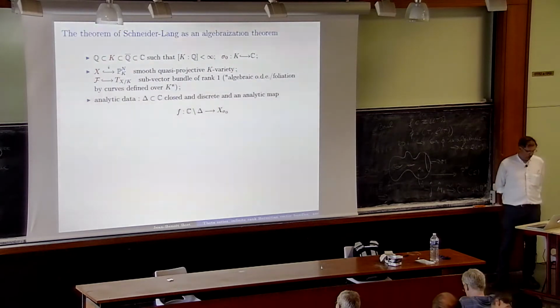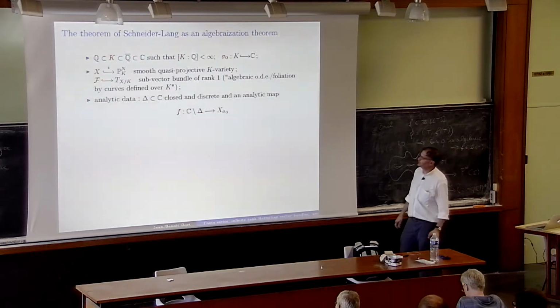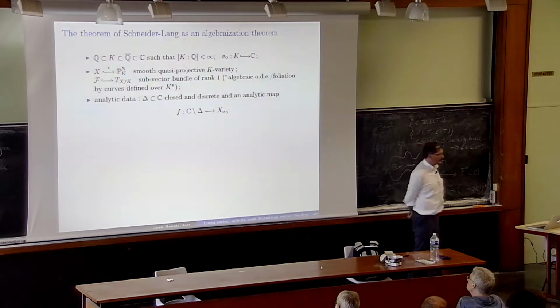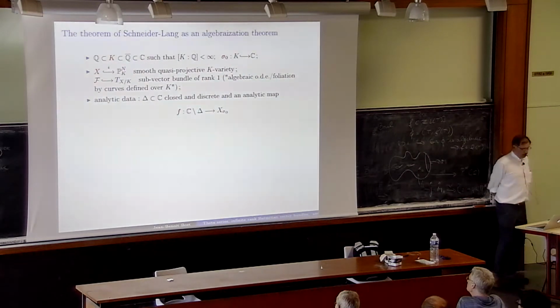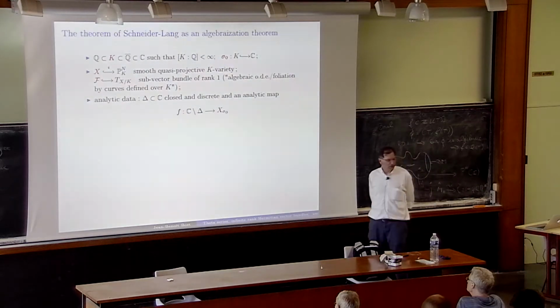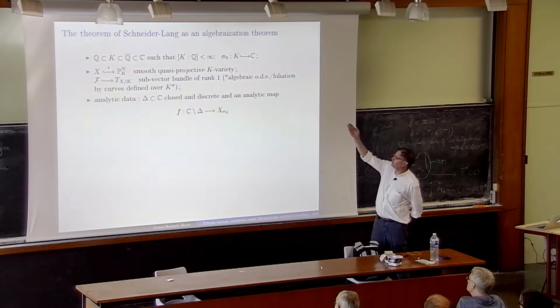You are given a closed, locally finite subset delta of C, and an analytic map f from the complement of delta in C to the complex analytic variety X sigma 0 you get from X by embedding K in C by the preferred embedding.